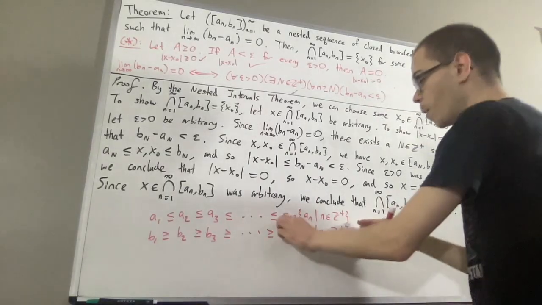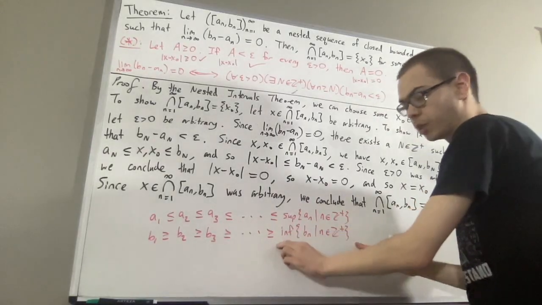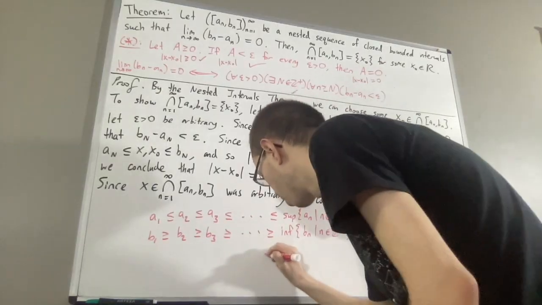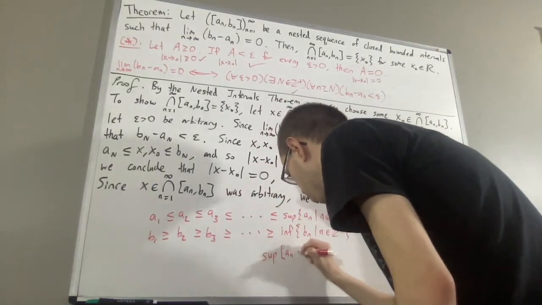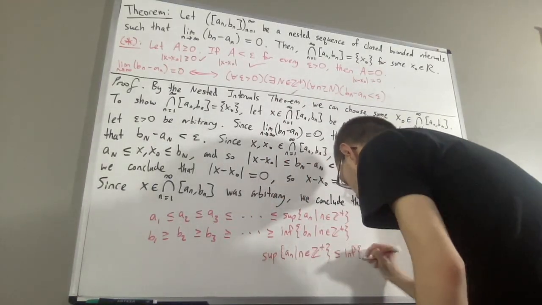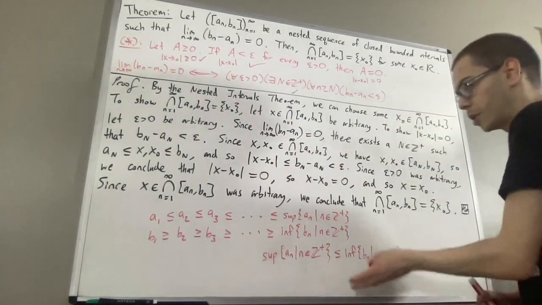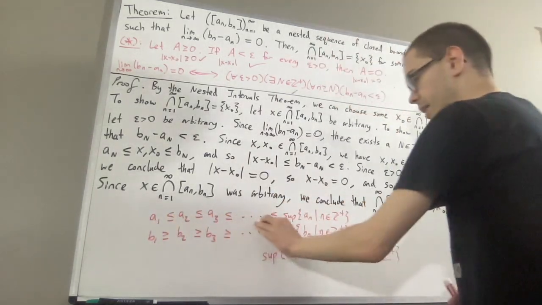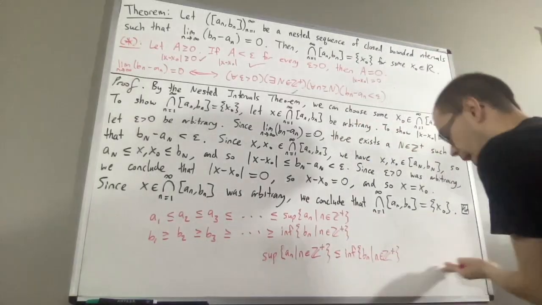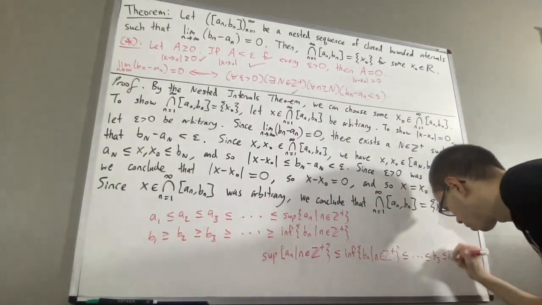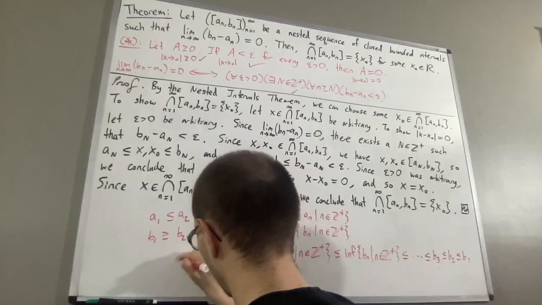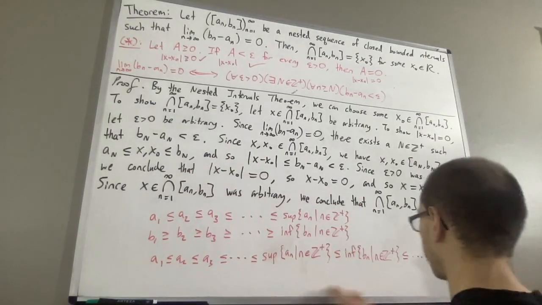We saw that the supremum of the ANs is less than or equal to the infimum of the BNs. And let me just copy these onto what we have right here. So we essentially have this.